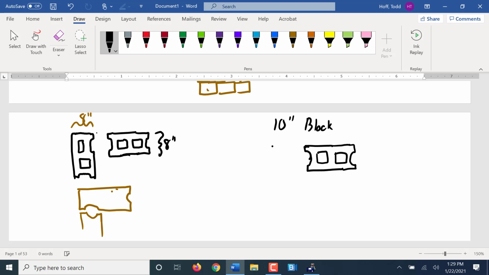Your corner block is still set to butt up against that. Then you have 2 inches popping out here. This will be only 6 inches long here because it's 10 inches wide there.